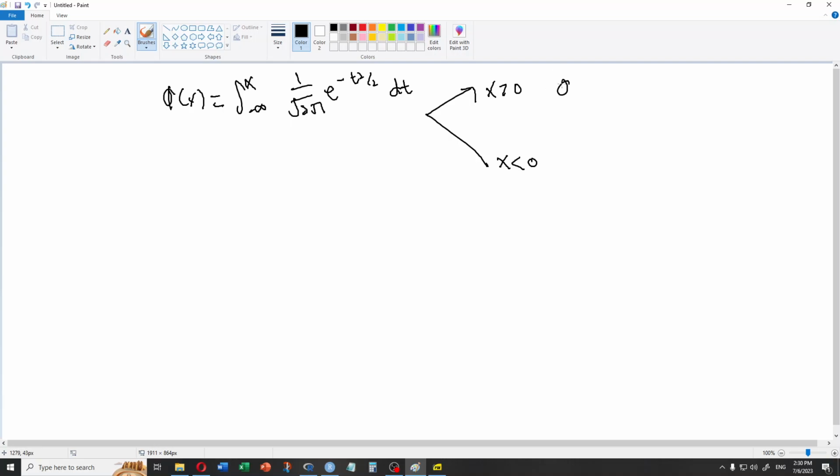In the case of x larger than 0, phi x will be 0.5 plus the estimated theta divided by the square root of 2 pi, okay. And when x is less than 0, phi x is given by 1 minus phi of negative x, okay.